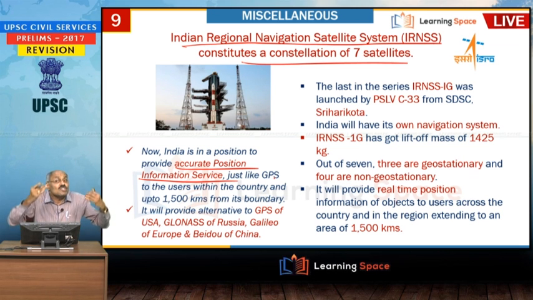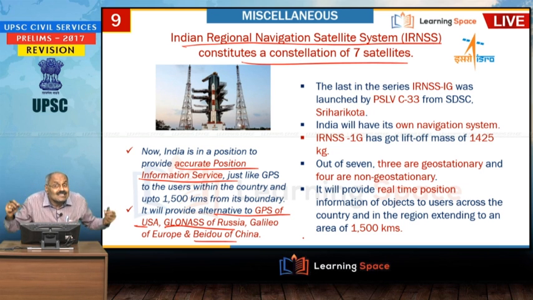We will have our own GPS, in other words. At present, we are using GPS of United States of America. So, it will provide an alternative to GPS of USA, GLONASS of Russia, Galileo of Europe, Beidou of China. So, similarly, our IRNSS provides us our own accurate positioning information system.